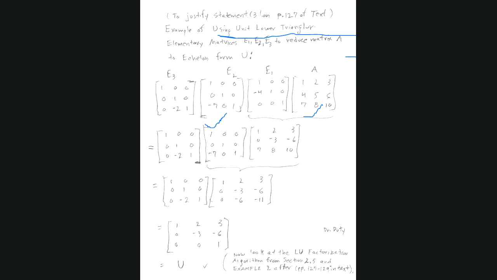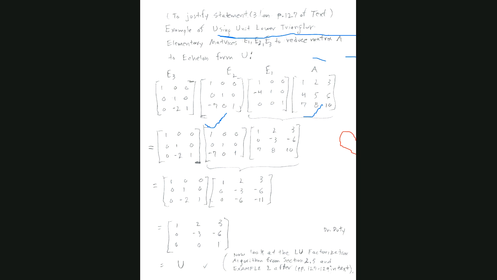And they're unit lower triangular because the diagonal itself has 1s along the diagonal. They're elementary matrices because an elementary matrix is what you get when you do a row operation on an identity matrix. Like the E1 matrix, what I did was I took the identity matrix and added -4 times the first row to the second row, and then replaced the second row with that.